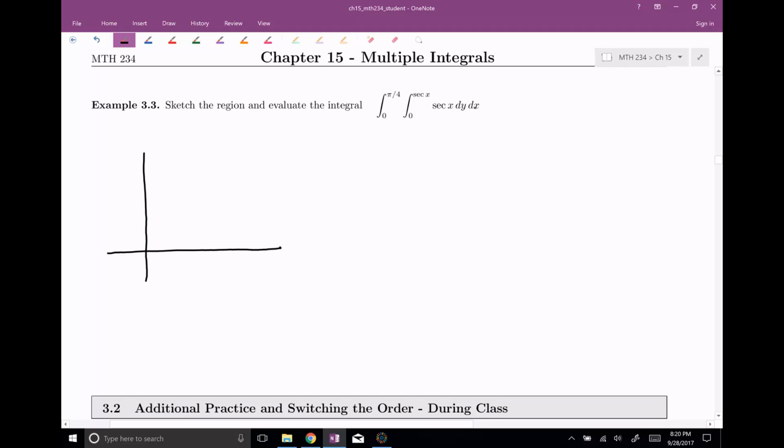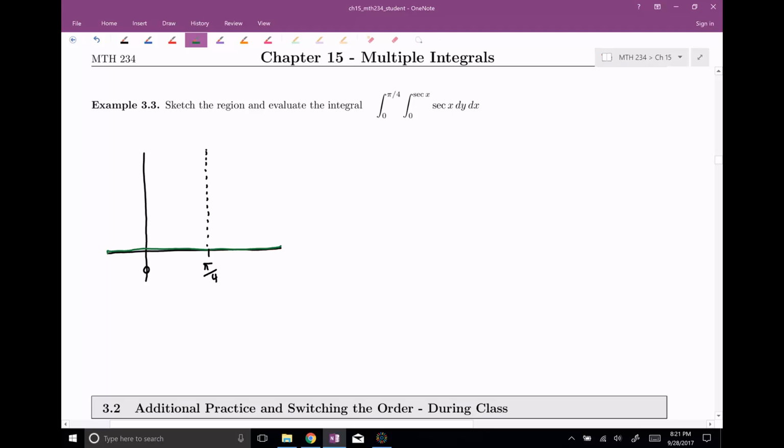So in this case, my x's are ranging from 0 to pi over 4. So 0 to pi over 4 is right over here. And okay, these are nice vertical lines. And so the functions here are y equals 0 and y equals secant of x. So y equals 0 is just the x-axis here.